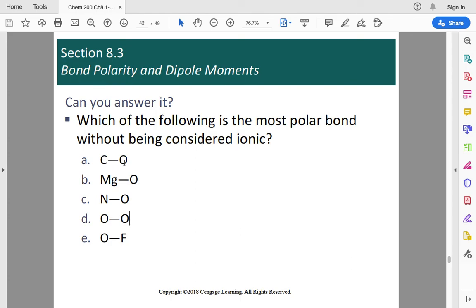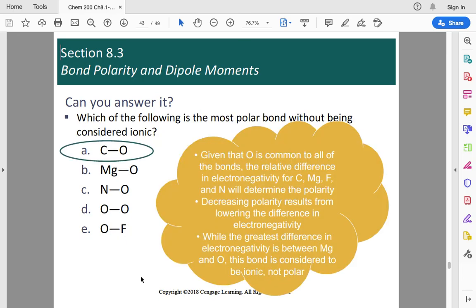So we're comparing CO, NO, and OF. In all these cases, they all have O's. So which one of these is going to have the greatest difference in electronegativity? So think about where the C, the N, and the F are on the periodic table. We know fluorine's the most electronegative.